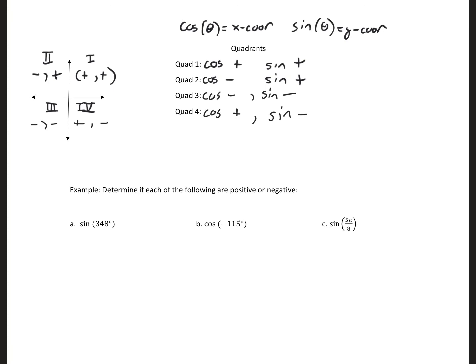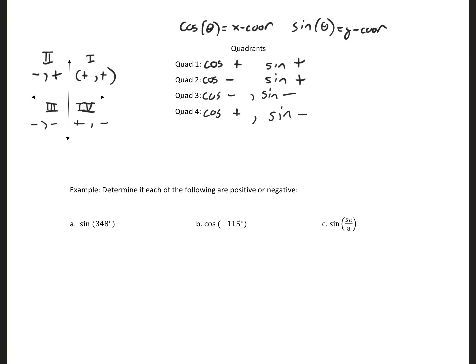So if we're asked to determine if sine or cosine of a specific angle is positive or negative, we only need to worry about what quadrant we're falling in. So imagine if I wanted to know, is sine of 348 positive or negative?